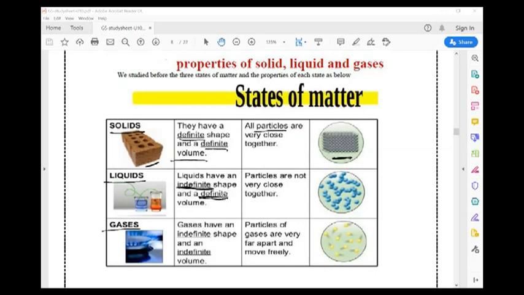And the particles are not very close together. The particles of liquid materials are a little far away from each other, compared with the solid materials.